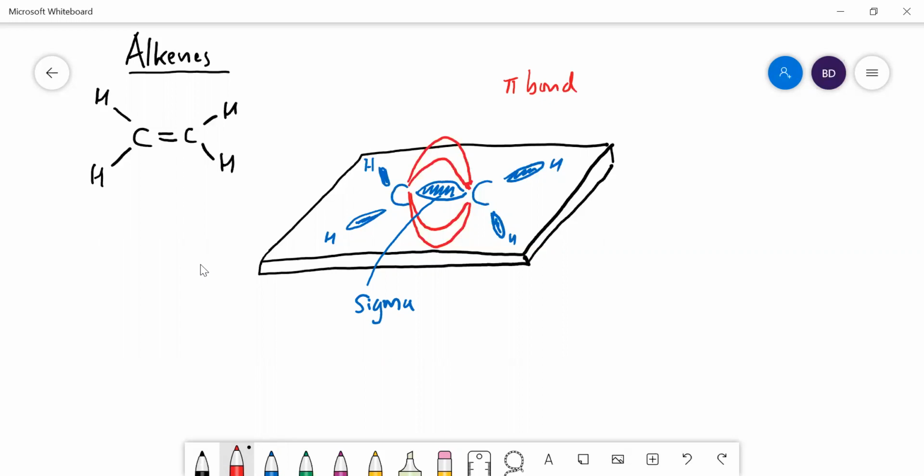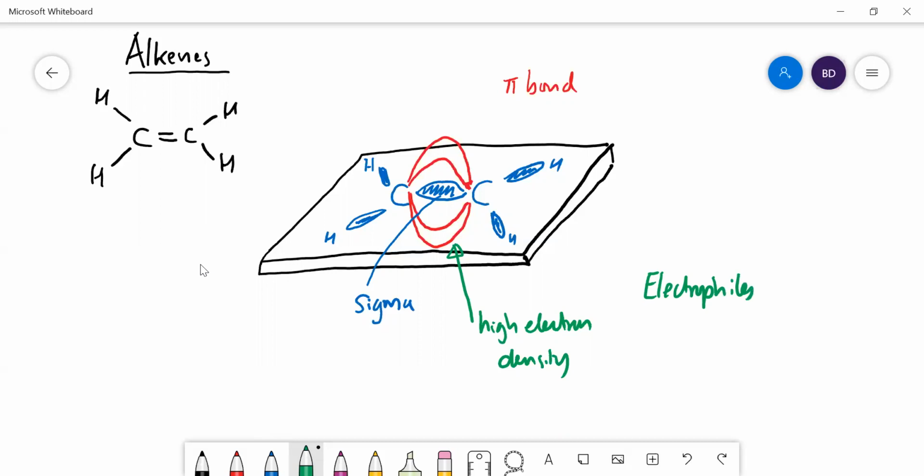What makes them more reactive is you've got an area of high electron density there, because you've got 4 electrons in a small space between the 2 carbon atoms, and that is very attractive to electrophiles.